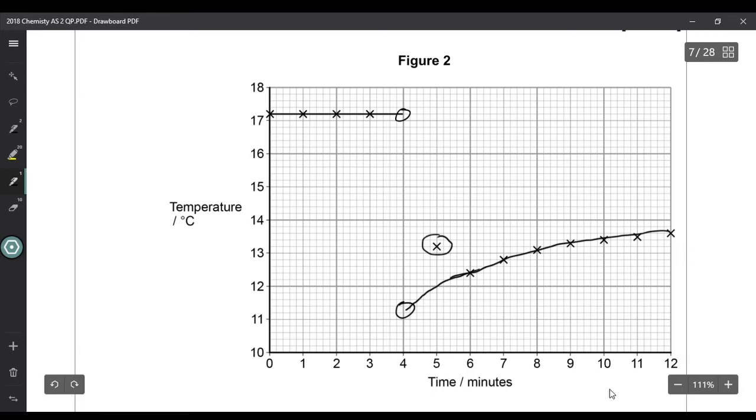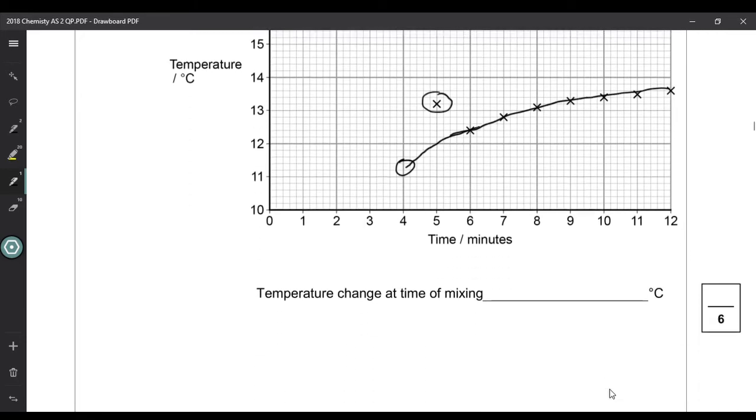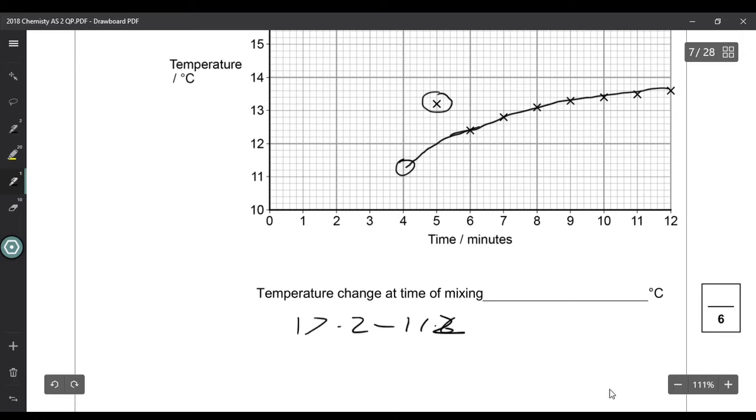So let's say that's 11.2. So the temperature change at the time of mixing would be 17.2 minus 11.2, which would give us a change of 6 degrees C. So whatever value you have when you've drawn this curve, that would be the value that you use in there.